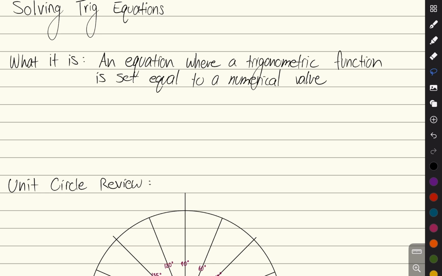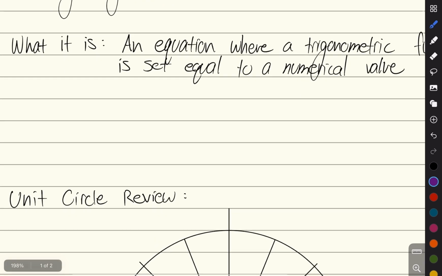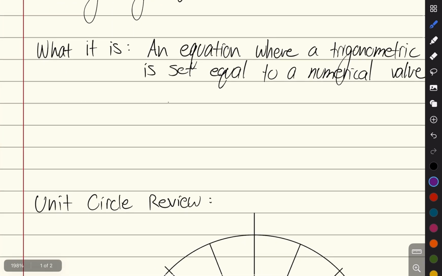So first of all, we need to know what a trig equation is. It is an equation where a trigonometric function is set equal to a numerical value. Let's say that we're given a trig function, such as sine of x. That could be set to a numerical value like 1/2.